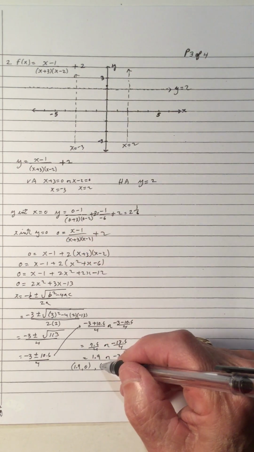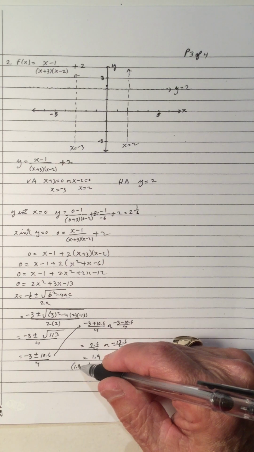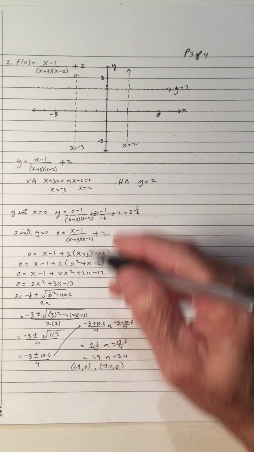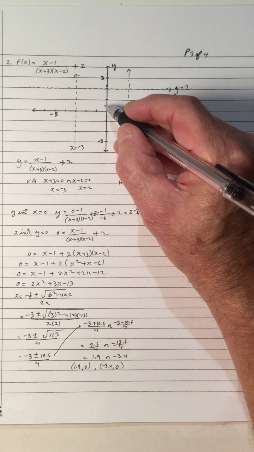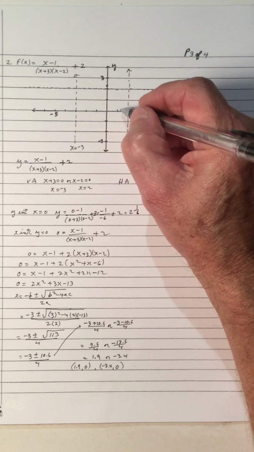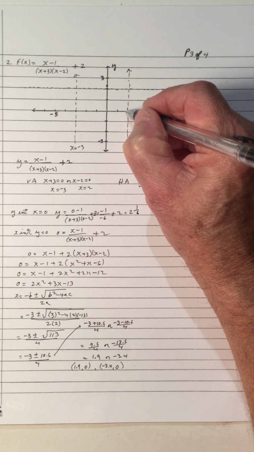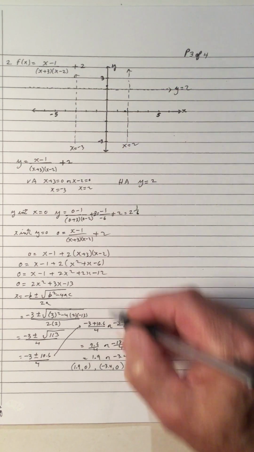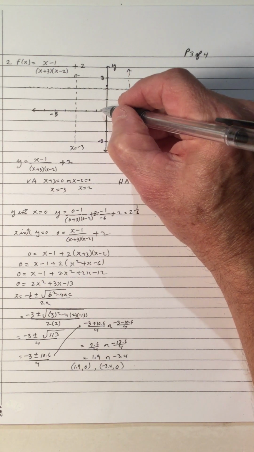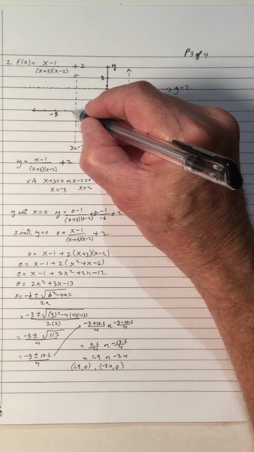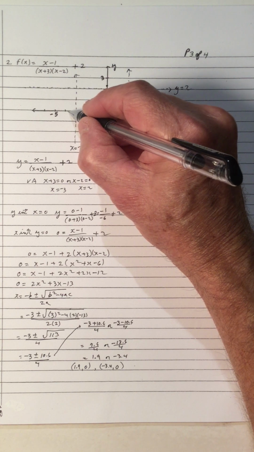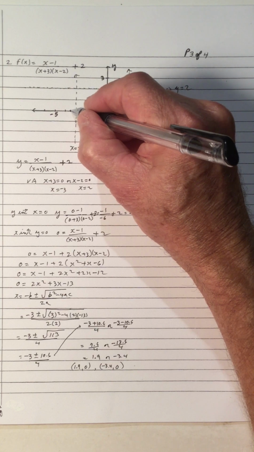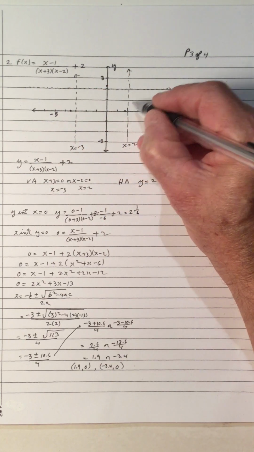These are the x-intercepts. So 1.9 is right here, right? And negative 3.4 is right here, that's negative 3 and almost a half, so there it is. Keep track of those.